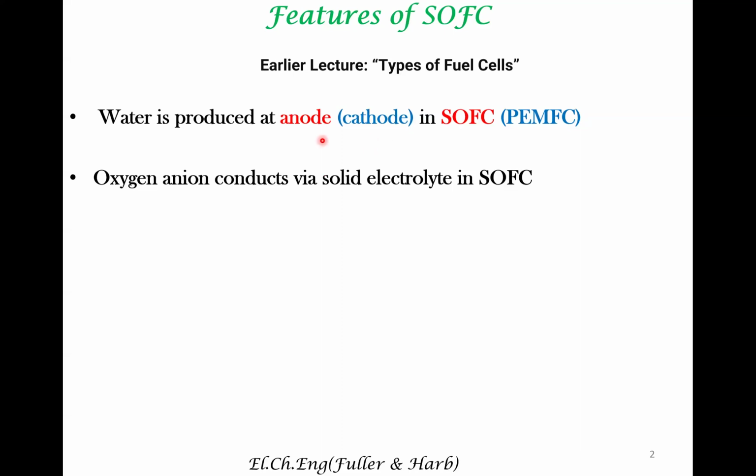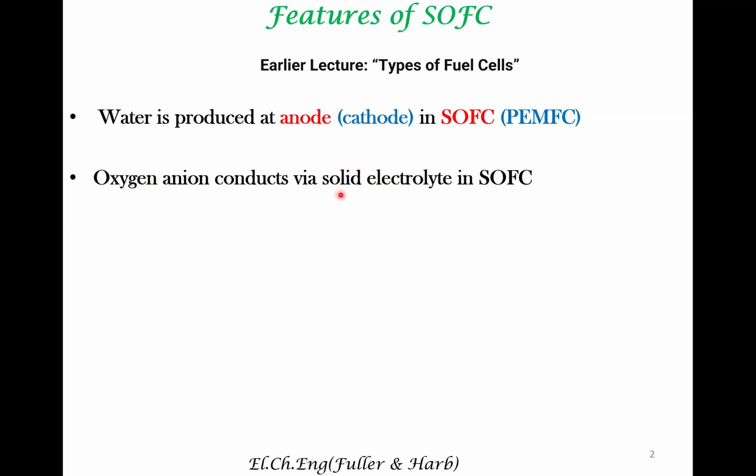In an SOFC, oxygen anion is the ion that is being conducted in a solid electrolyte. In a proton exchange membrane fuel cell, the electrolyte is a semi-solid polymer, but in an SOFC, the electrolyte is an inorganic membrane and it is a solid electrolyte.